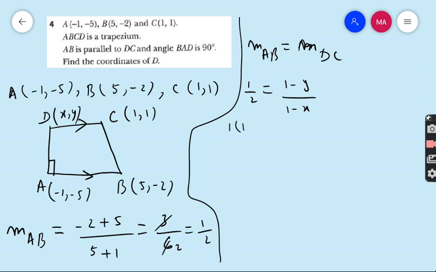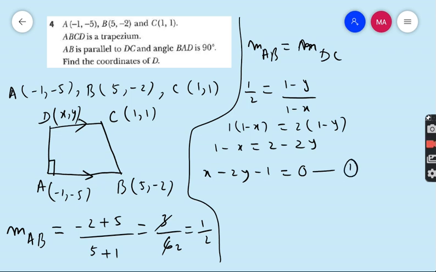So 1 multiplied by (1 minus x) is equal to 2 multiplied by (1 minus y). 1 ones are 1 minus x, 2 minus 2y. Now shift minus x to the other side, x minus 2y. 1 on the other side, 2 minus 1 is 1. So x minus 2y minus 1 is equal to 0. This is equation number 1.